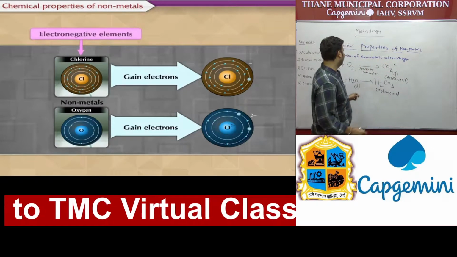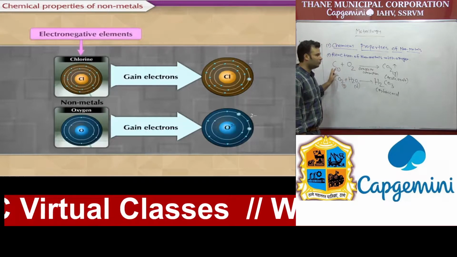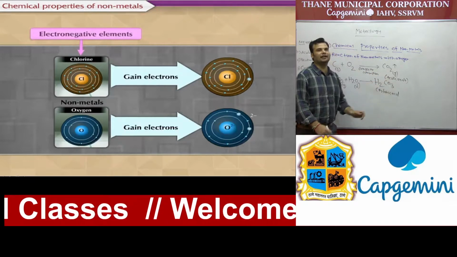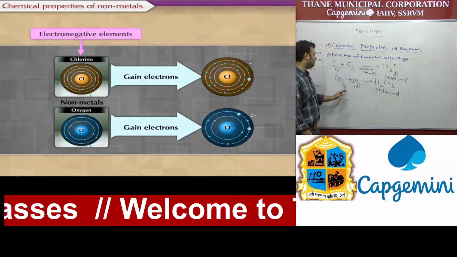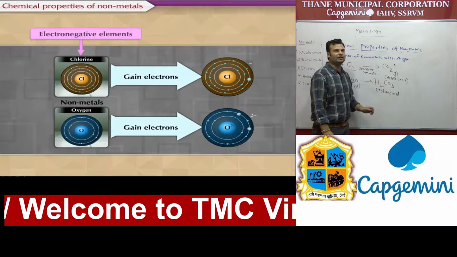So student, you can see in this part, carbon dioxide: carbon plus oxygen, a non-metal reacting with oxygen, gives carbon dioxide, which is an acidic oxide. But how can you prove that? Simply we can take water, and when water reacts with carbon dioxide, it forms carbonic acid.